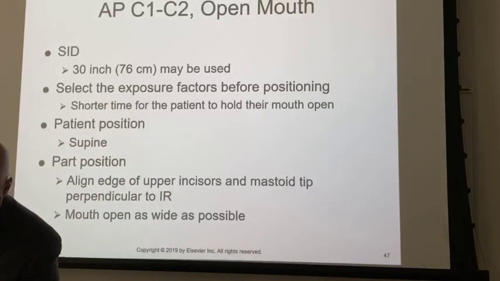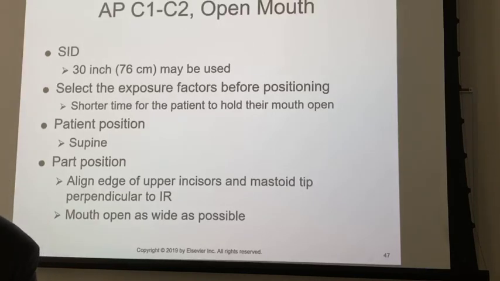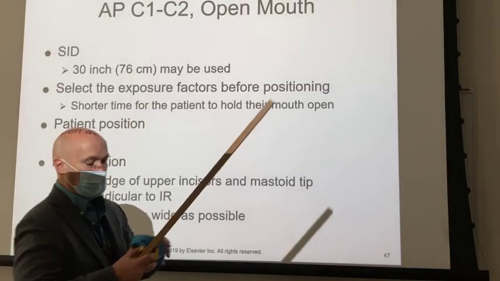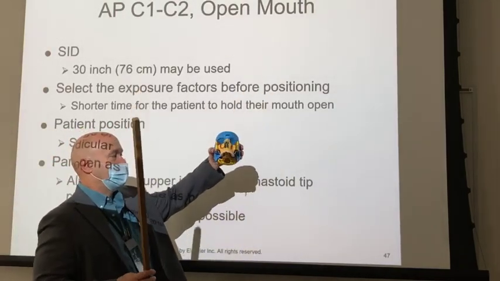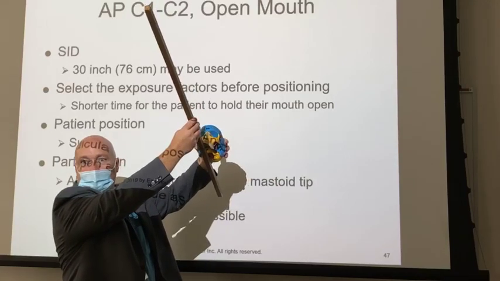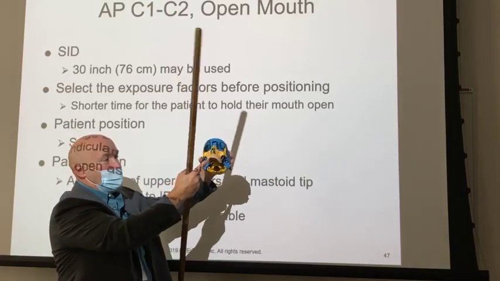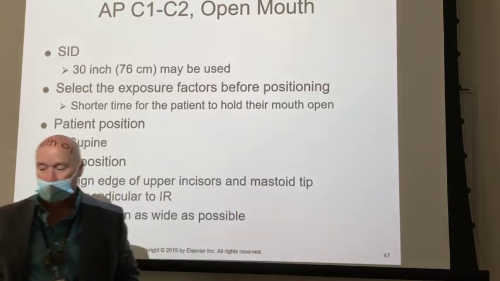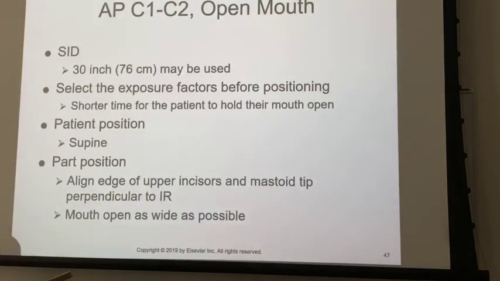If the occlusal plane or your acanthomeatal line is not perpendicular to your image receptor, the chin's way back like that, could you not angle your central ray? So you're going to angle your central ray parallel to the acanthomeatal line or the occlusal plane.